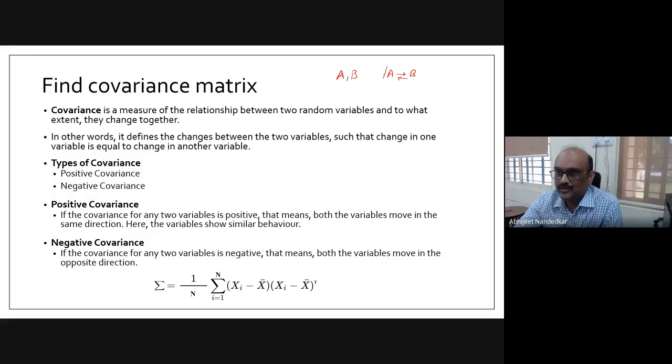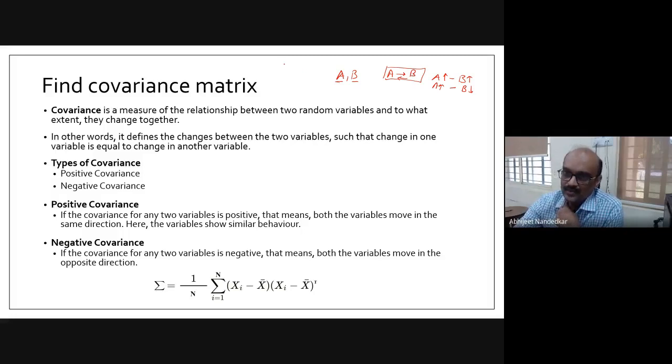This will be told to you by the covariance matrix. Say A is increasing and B is increasing, so there is a relation, or A is increasing then B is decreasing, then there is an inverse relation, or vice versa. So that is defined by the covariance matrix. So this relation between two variables is given by the covariance matrix.